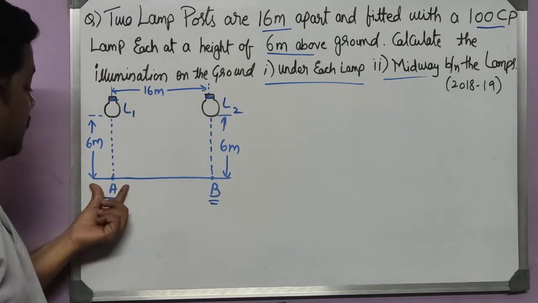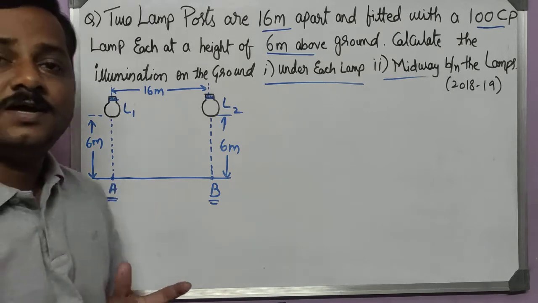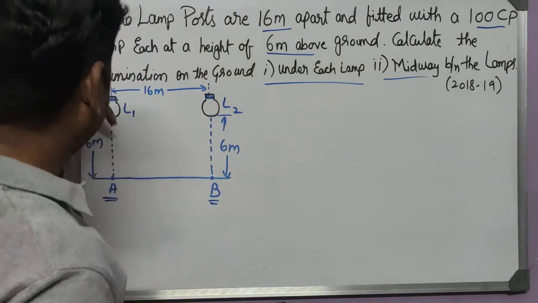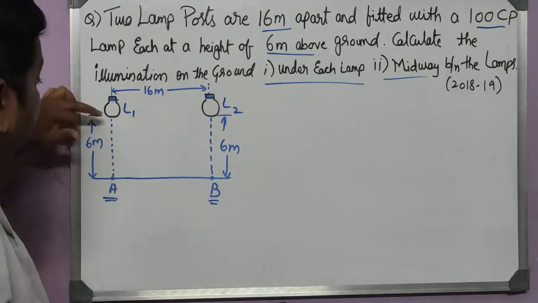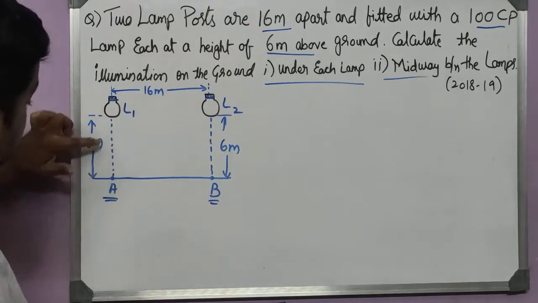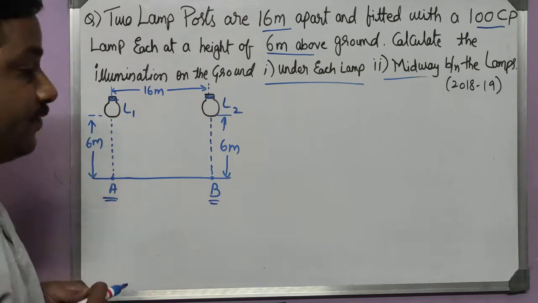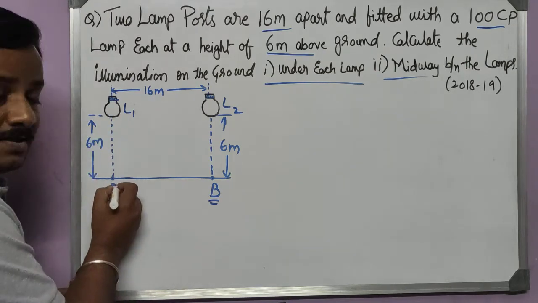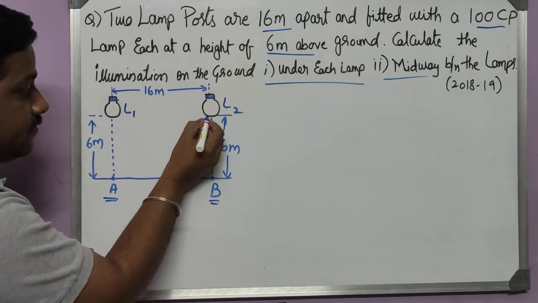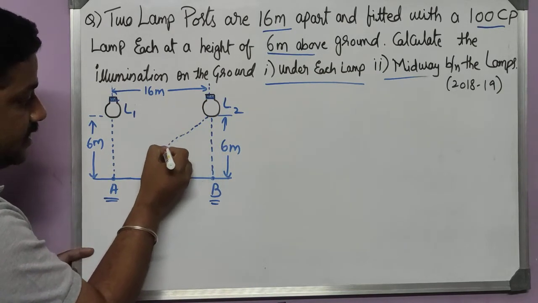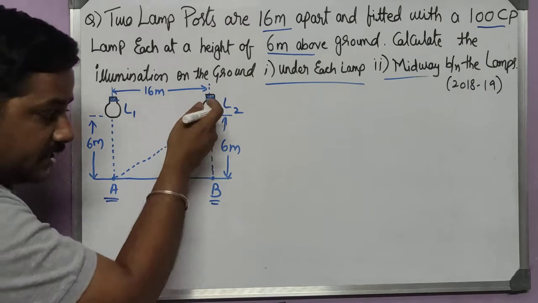At point A, we get illumination from lamp 1 as well as from lamp 2. From lamp 1, we get a straight line. You can observe here, it is exactly below the lamp. But from lamp 2, the light is inclined. We won't get it straight, exactly below.